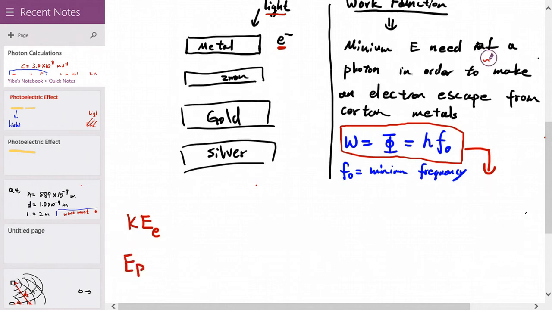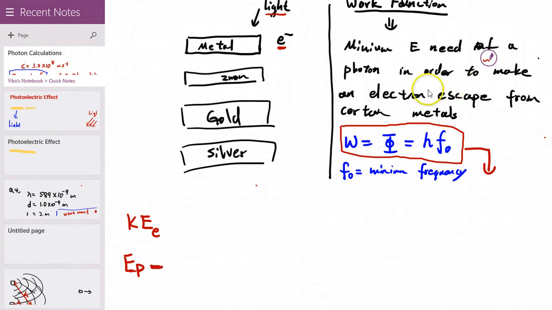The energy of the photon comes to the metal and bombards the electrons in the metal. If there is enough energy, the electron will move out. So the energy coming from the photon, take away the minimum energy required to make an electron escape, which is the work function, will be equal to the energy left, which is the kinetic energy of the electron.